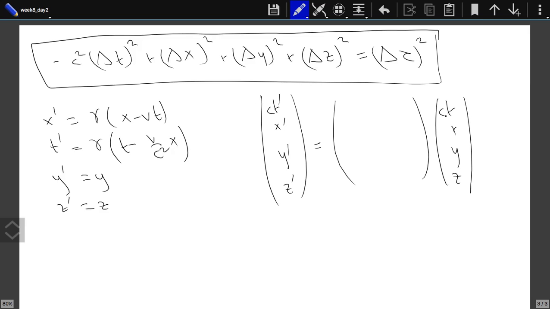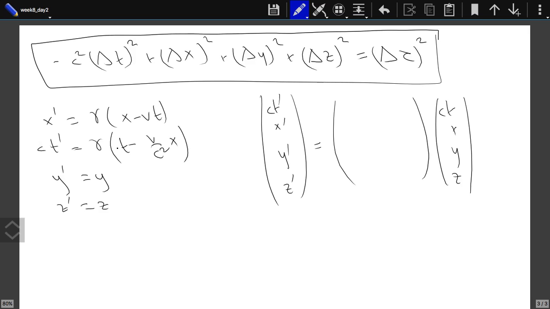Or let me put the c over there too. If I put the c there, it will look easier, and I have the same units everywhere. ct prime will have the same unit as x prime, y prime, and z prime. That's why I put the ct over there.